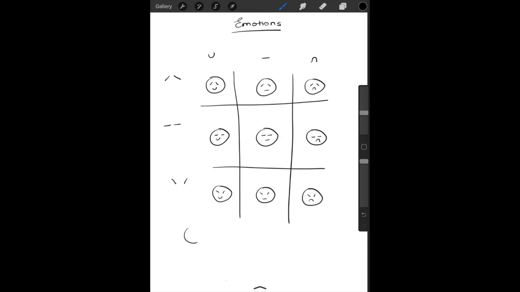And then you combine the people and the emotions to form characters.